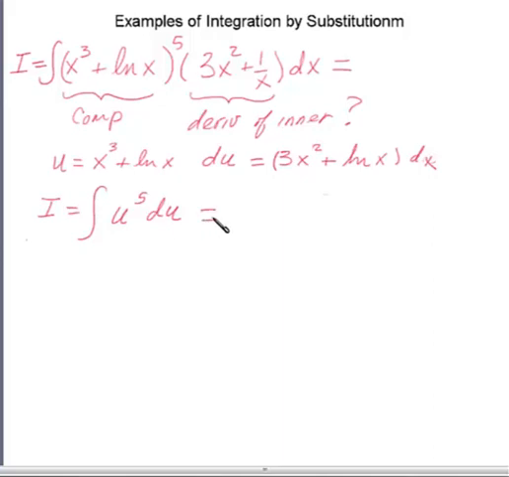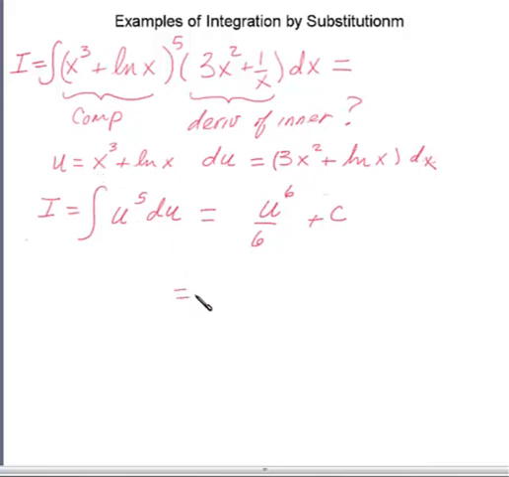And that's an integral that is easy to evaluate. This is going to be u, increase the exponent by 1, divide by the new exponent, plus a constant. But we're not quite done, because this is the value in terms of u, and I really want the value in terms of x, but that's just an inverse substitution.